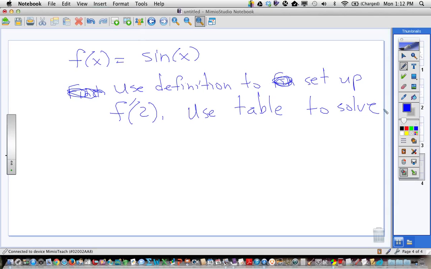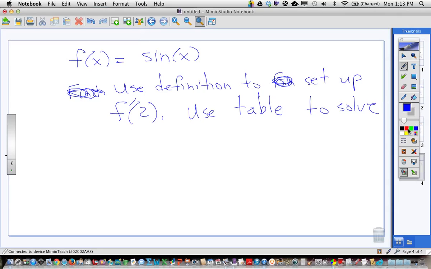Okay, something like this could be the direction. Here's a function. Use the definition of the derivative to set it up to find f prime of 2. But then use your calculator table to solve.